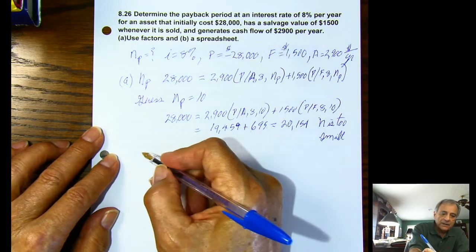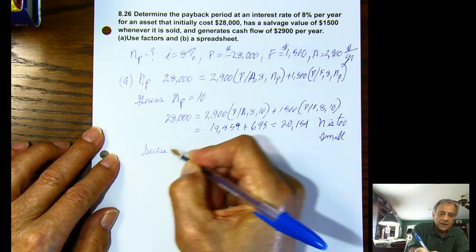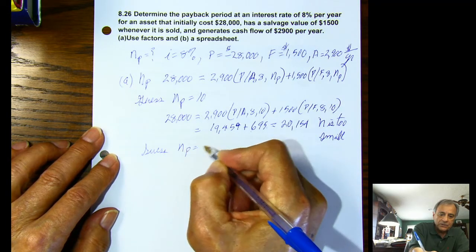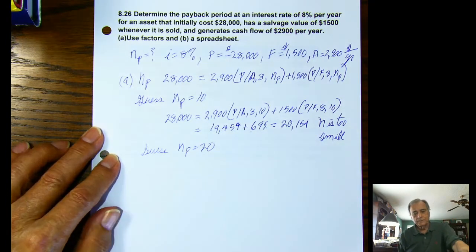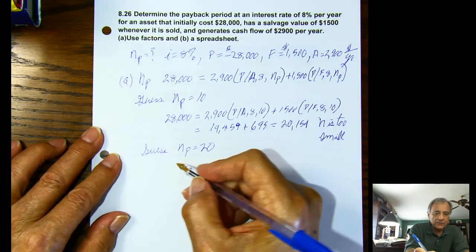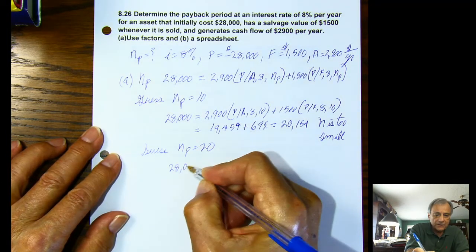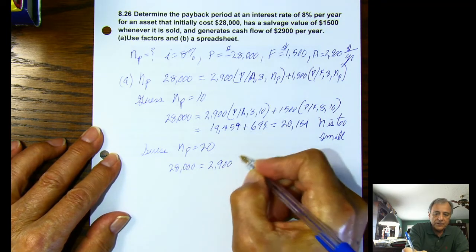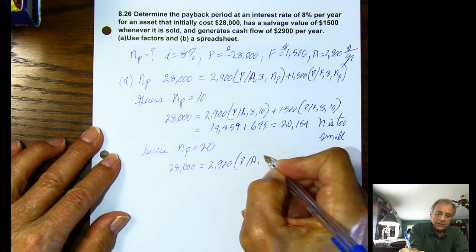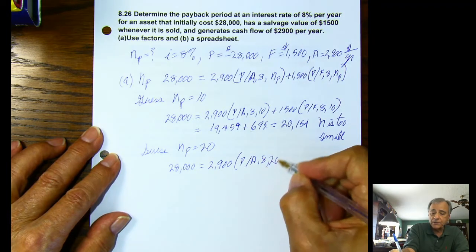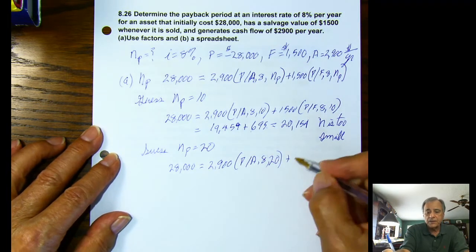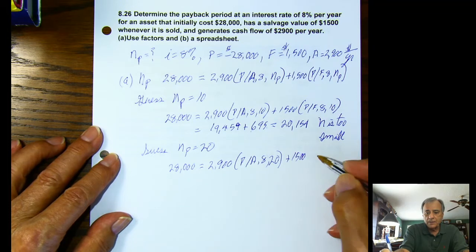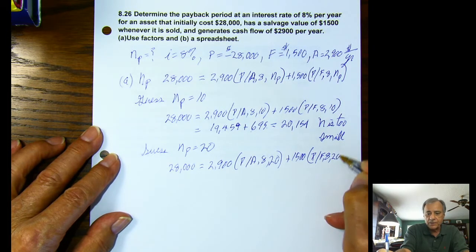So let's try, let me guess, NP equals 20. Okay, so then I'll have 28,000 equals 2,900 (P given A, 8% for 20 periods) plus the salvage value, 1,500 (P given F, 8% for 20 periods).